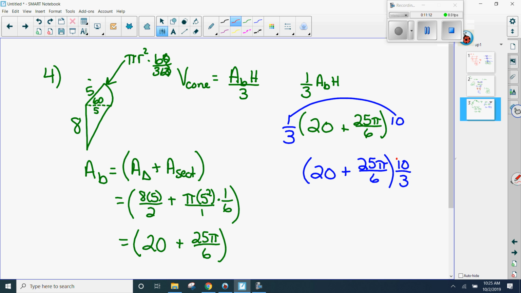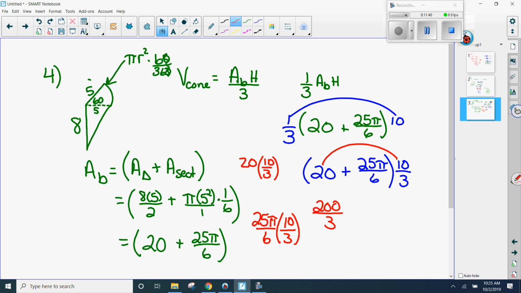Use the distributive property. What happens when you distribute? What's 10/3 times 20? So you're taking 20 times 10/3. That is 200 over 3. Then I am taking 25 pi over 6 times 10 over 3.